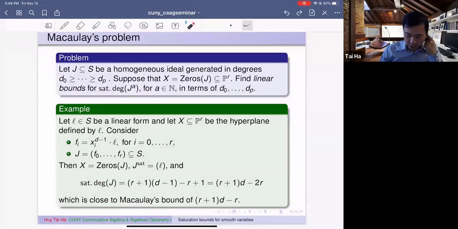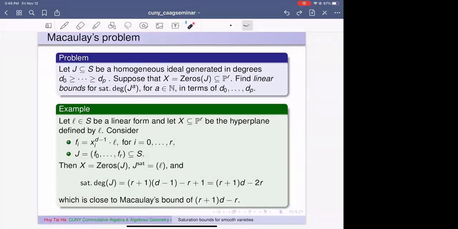I mean this situation here. Oh, hypersurface, not hyperplane. Okay, hypersurface. Let's say you have a hypersurface of degree D, right?